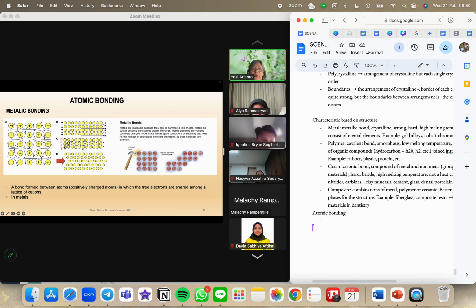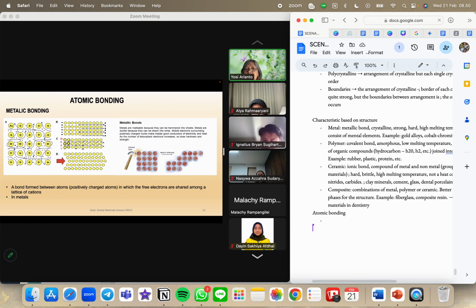If you apply heat, it will also still be ordered, but with a little bit of change. But they are still going to have the same order as before. Metals are malleable because they can be hammered into sheets. Yeah, if you hammer metals, then we can hammer them into sheets.